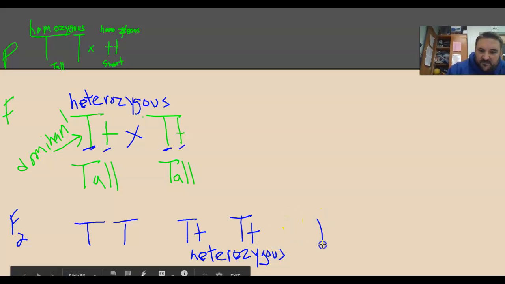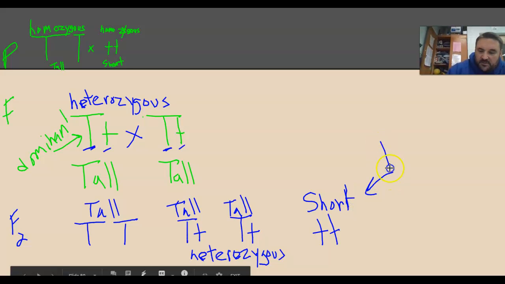And then he also found these ones that came back. So these were tall, tall, and then short ones, which disappeared, came back. And the short was recessive.